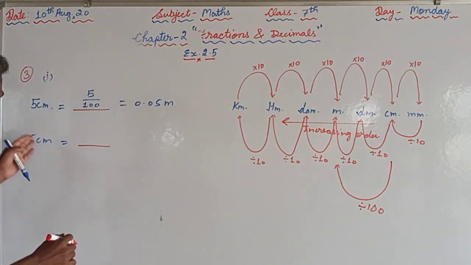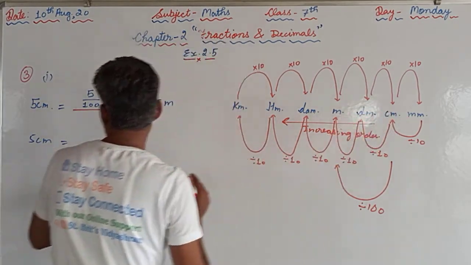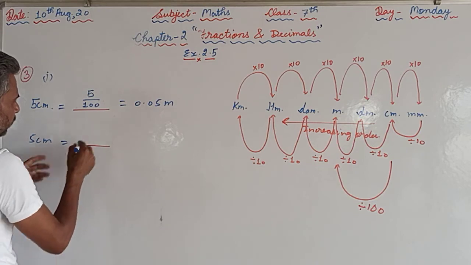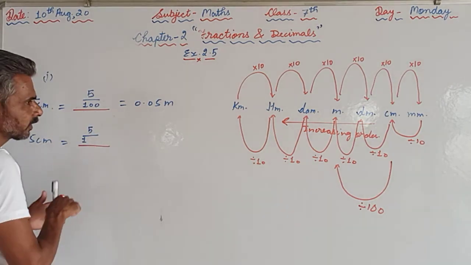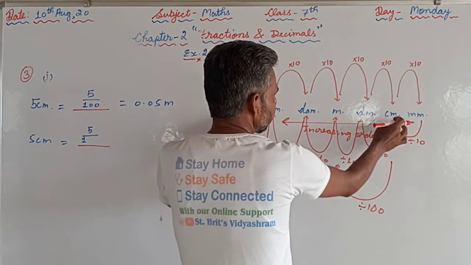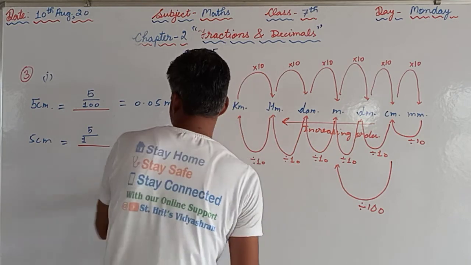At the same time, centimeters to kilometers, we will write the same thing here. 5 by which number do we have to divide? We will write 1 as well. How many zeros are there between centimeter and kilometer? 1 2 3 4 5.